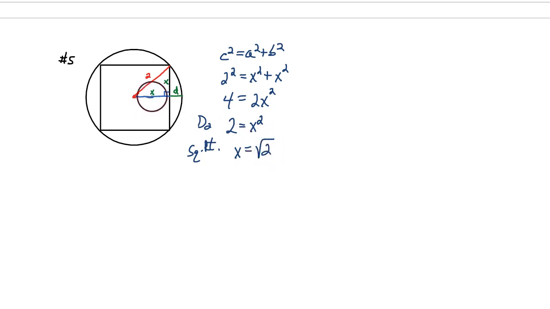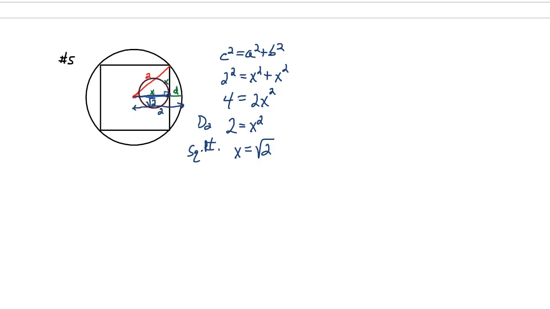I can go inside my drawing here and I can now label that distance from here across to here as the square root of 2. Well, do you remember how far it is from the center all the way out to the edge of the circle? It's a regular 2. Look at this drawing. From here to here is the square root of 2. This little piece is d. And all the way across is 2.